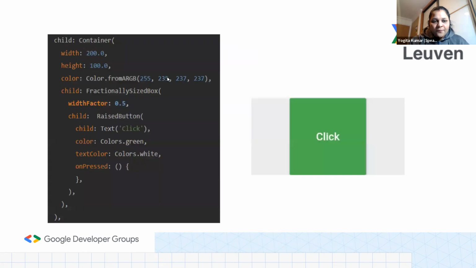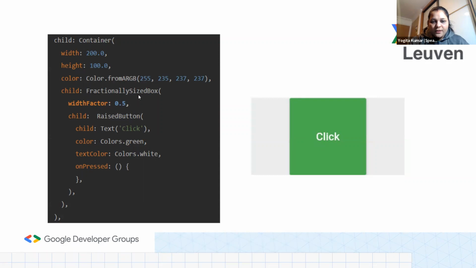How to use it? The container has width 200 and height 100, this gray container you can see over here, and as the child I use the FractionallySizedBox, and the child of this FractionallySizedBox is this green button.